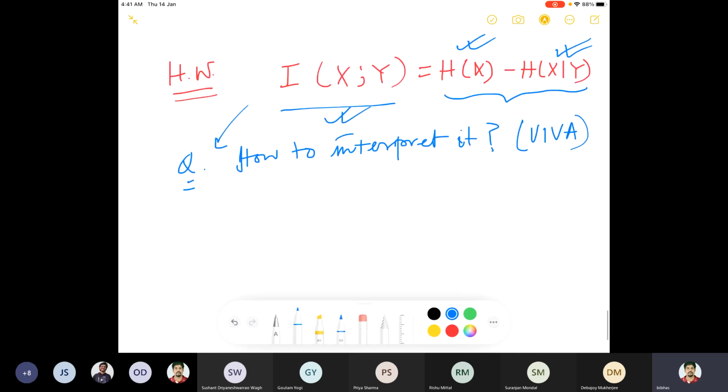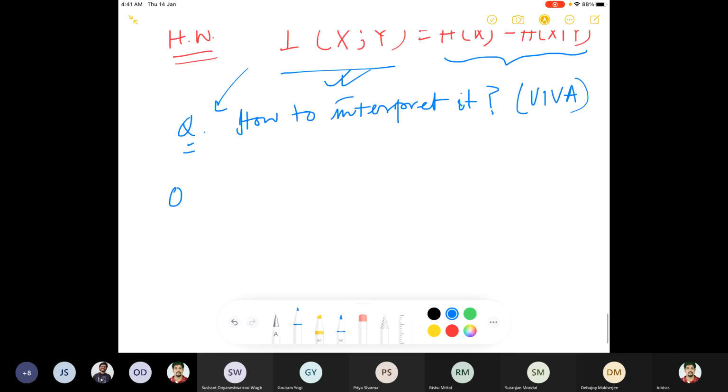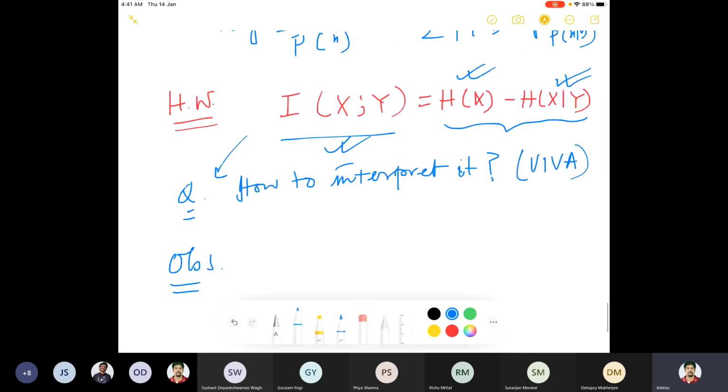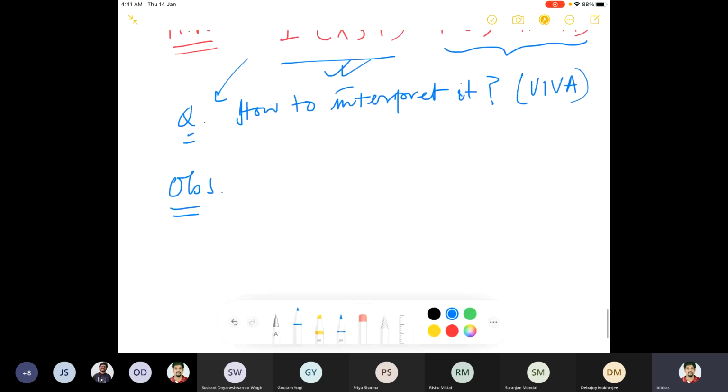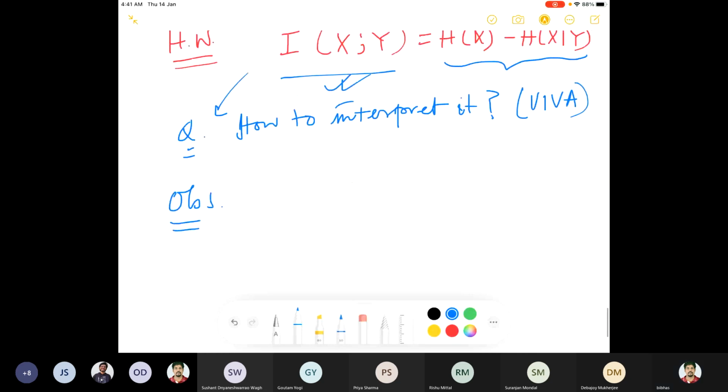Okay, so another observation. If I give you a pair x and y, and I ask what is the self information about this xy, why am I asking this question?